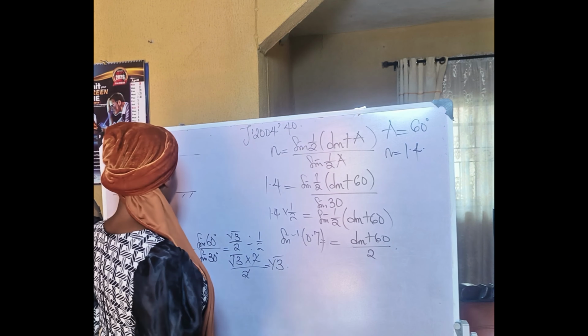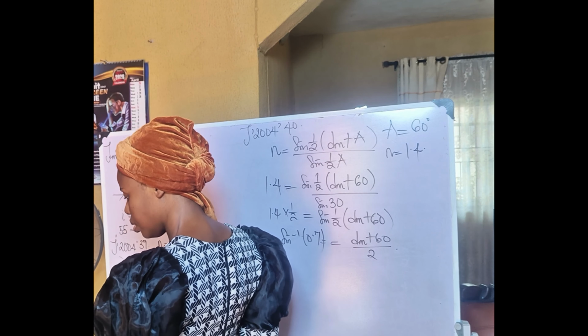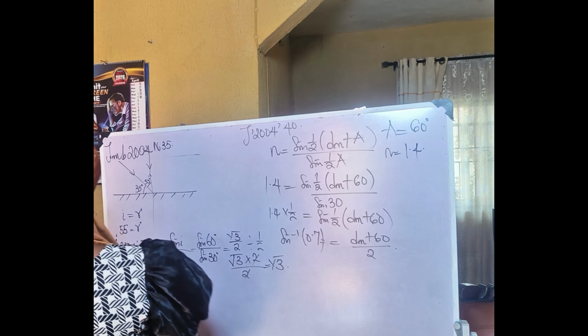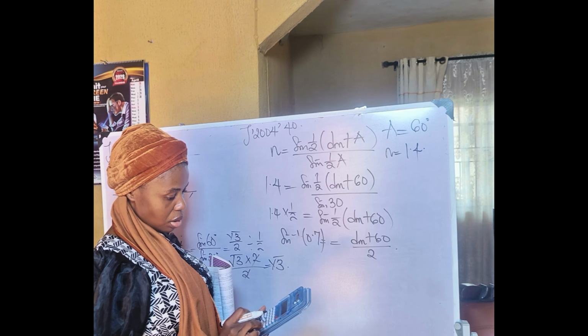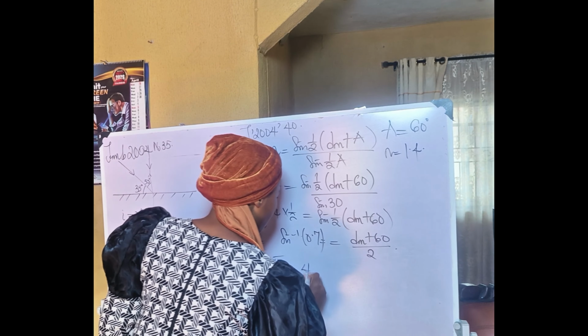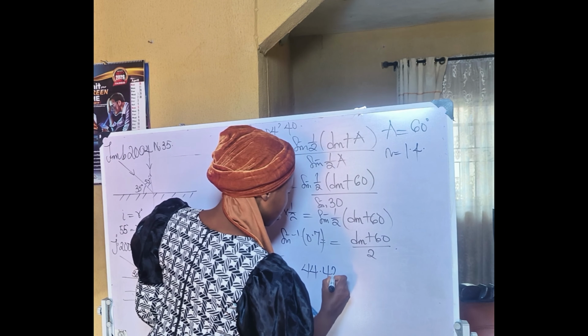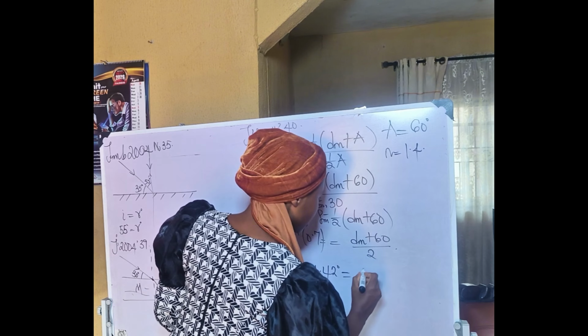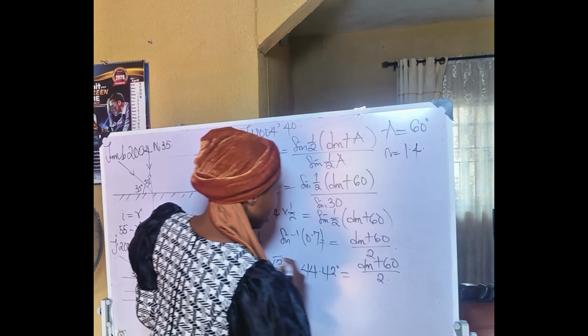What is sine inverse of 0.7? Sine inverse of 0.7 will give me 44.42. That's what I have, is equal to dm plus 60 all over 2.